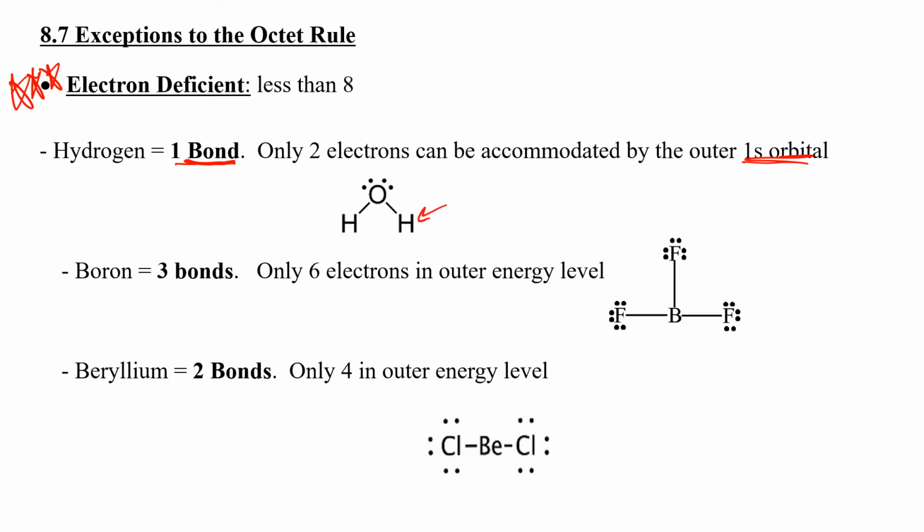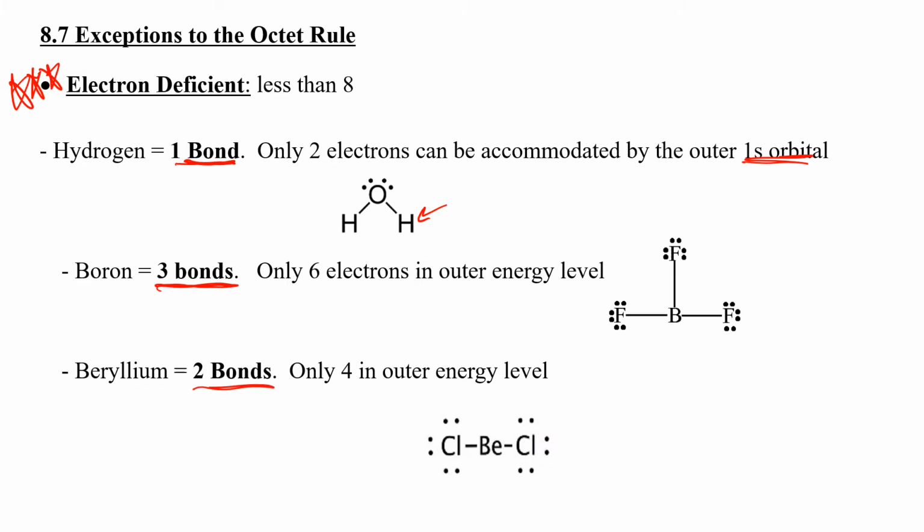See, hydrogen only likes 1 bond. Boron likes 3 bonds. This one, they like to throw out on the AP test every once in a while. Don't get fooled and get to this point of a Lewis structure and put a double bond for boron. That would be wrong. Boron only likes 3 bonds, 6 electrons in its outer energy level.